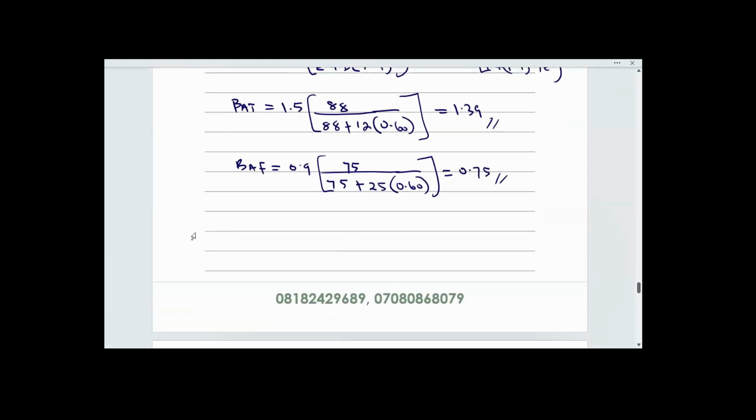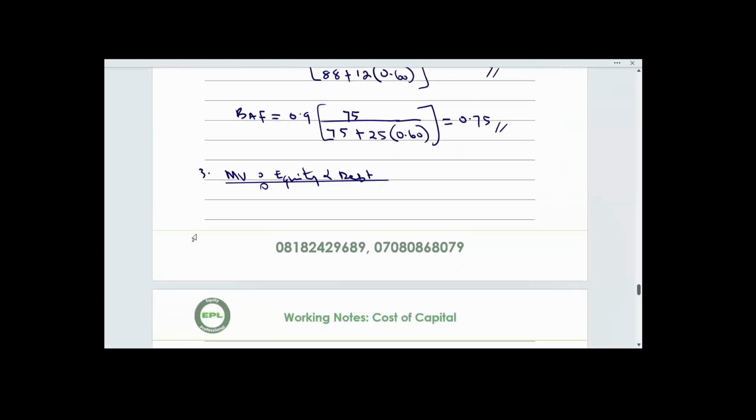I'll then move to step 3. Step 3 says you should calculate market value of equity and debt for training and financial service. The examiner told us in the first paragraph that training service accounts for 2/3 of the total market value of the company.